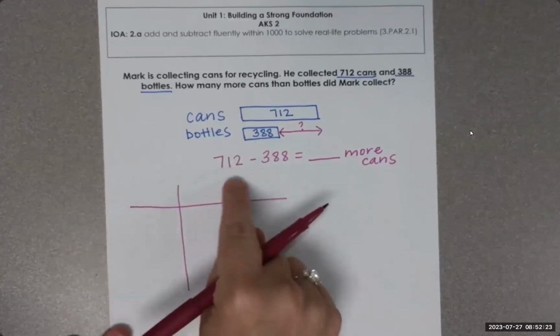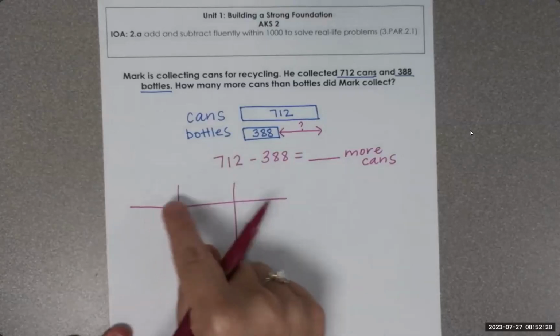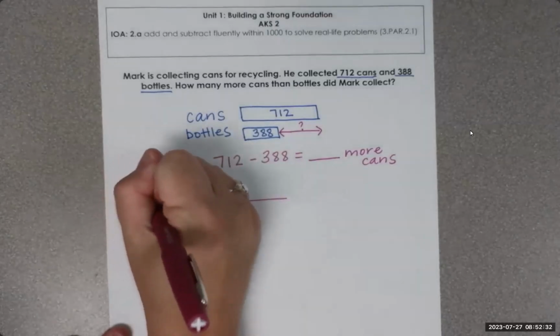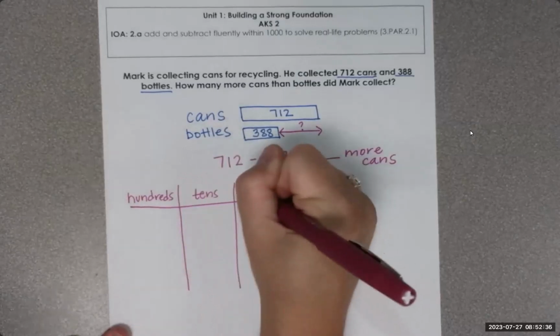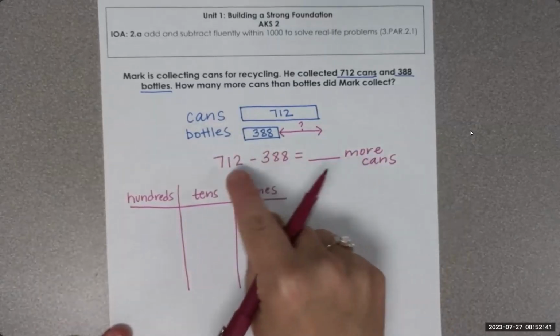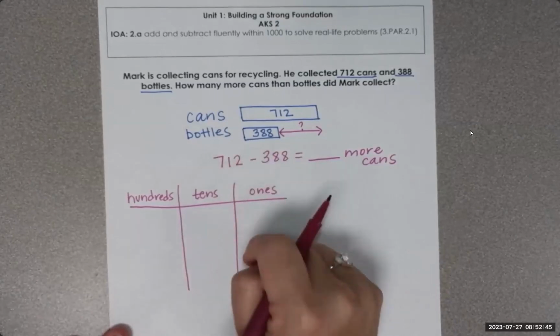So I take a look at my problems here, and I notice I have two 3-digit numbers. So that's how I knew I only needed my 3 place values. And those place values are my hundreds, my tens, and ones. Now, remember in 2nd grade, they have already worked with the place value of 3-digit numbers. They have added with 2-digit numbers.